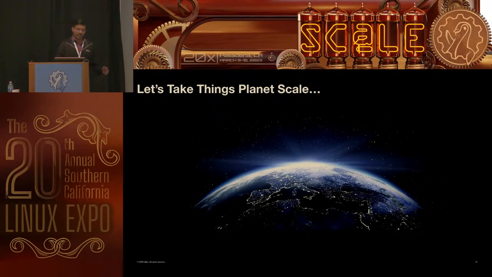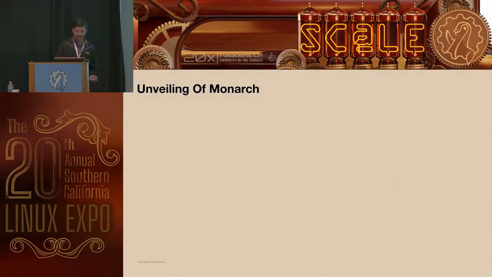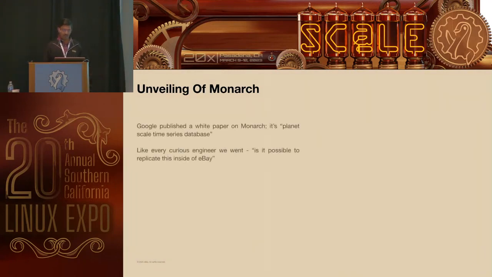So at this point, we were like, OK, let's take this whole thing planet scale. A few years ago, Google published a white paper about Monarch, what it dubs its planet scale time series database.